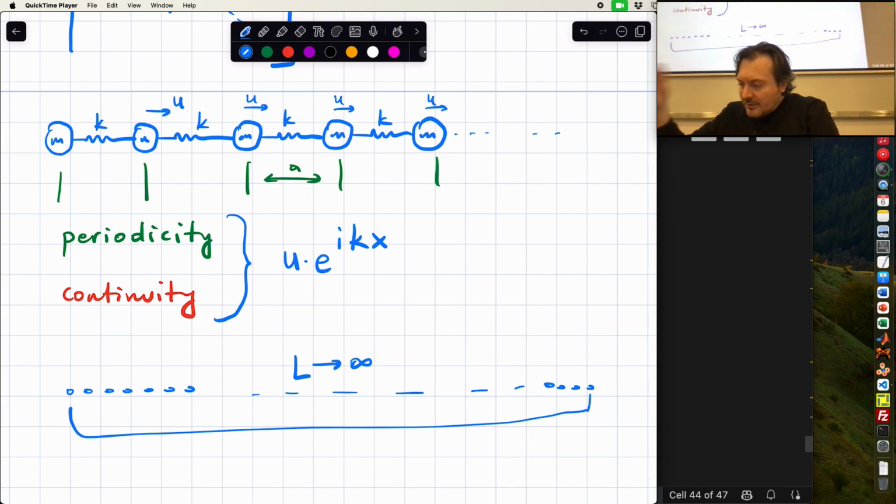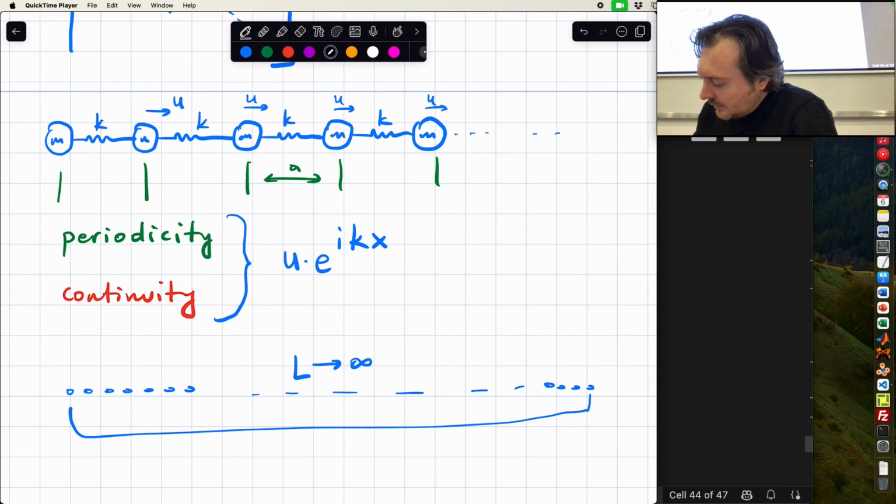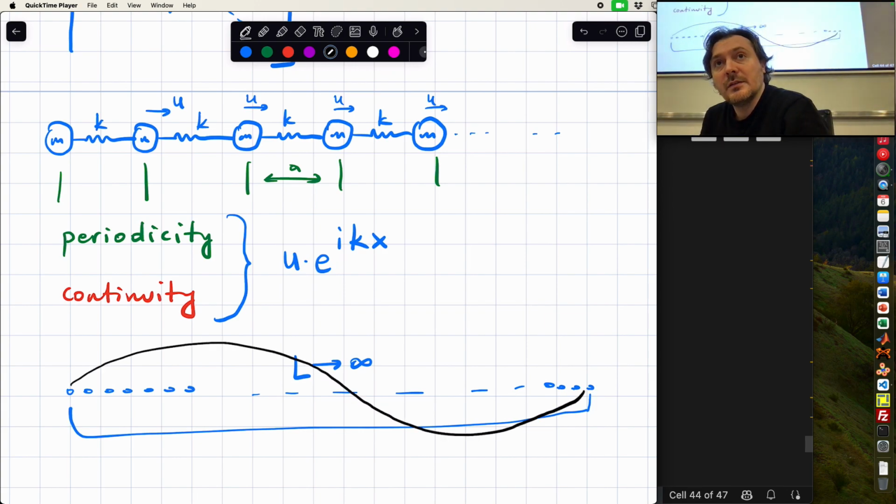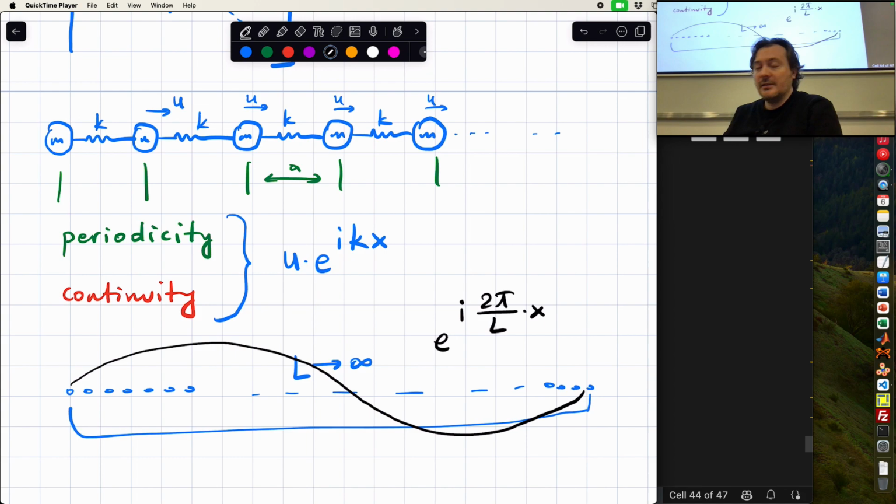Now, L goes to infinity, and what we do is we put on top of this a wave that repeats, okay? So that wave would be e to the i times 2 pi over L times x. Do you agree with that? Because it would repeat itself once you hit L, right?